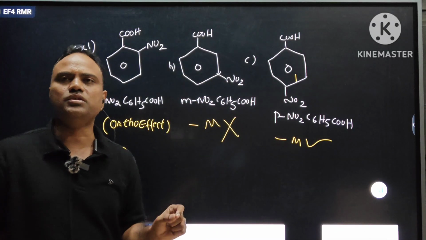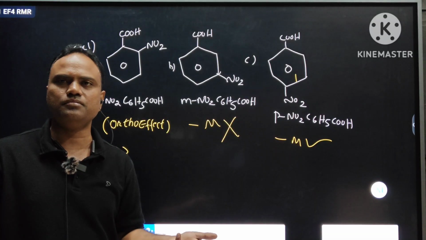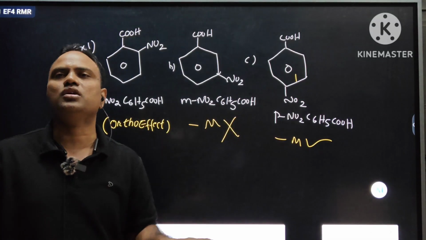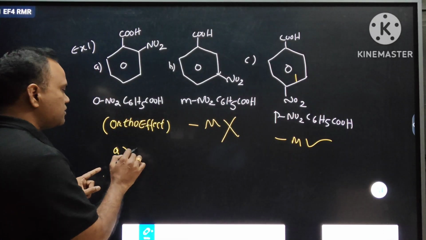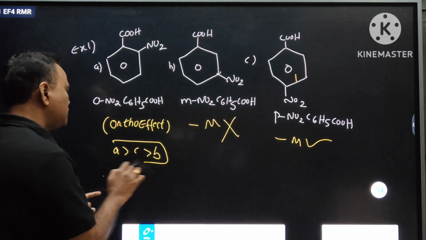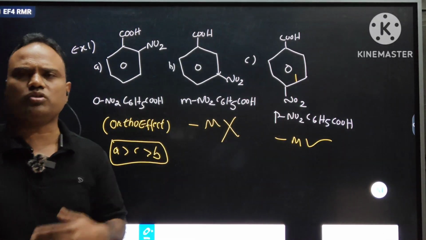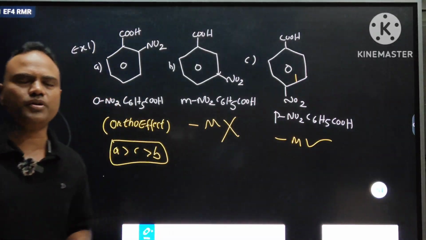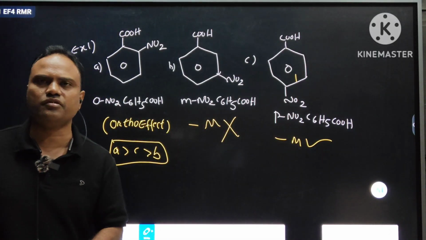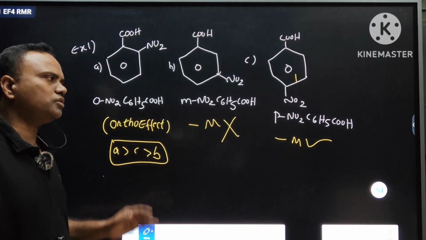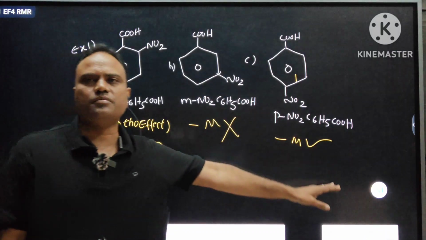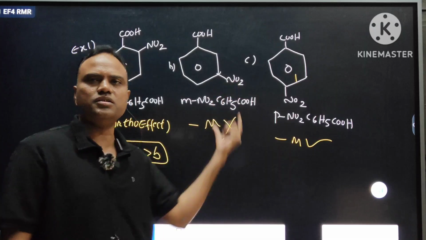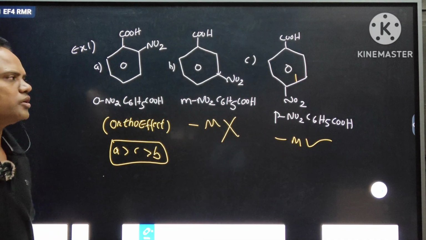So A is greater than C, and C is greater than B. A is more acidic because the ortho effect will dominate the remaining effects. Ortho substituted benzoic acid will be the stronger acid. In B, minus M is not present, so it is the least acidic. Okay.